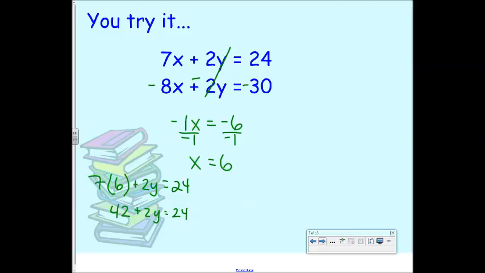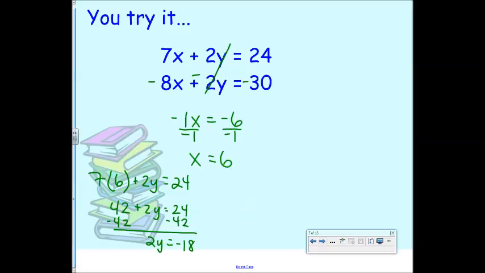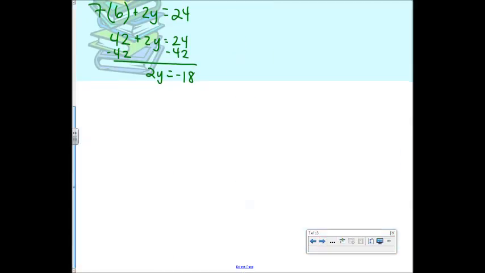Minus 42. And you get 2y equals negative 18. How would you finish? Divide by 2. Y equals negative 9.